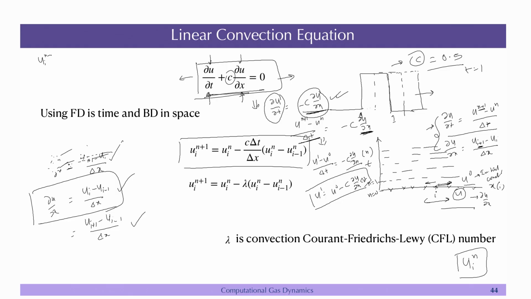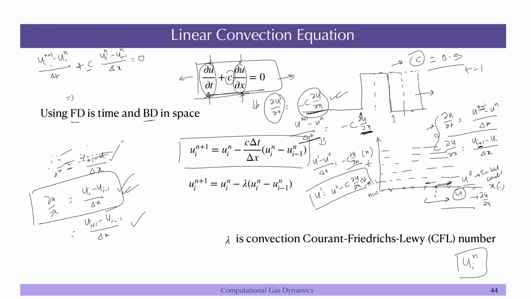So, this is (u_i^{n+1} - u_i^n)/Δt at a given i, that is the approximate du/dt, and then you write plus c, and I am using the backward differencing as I told you. So, BD is backward differencing, FD is forward in time. The c is constant, the constant convection speed, then this will become (u_i^n - u_{i-1}^n)/Δx equal to 0.